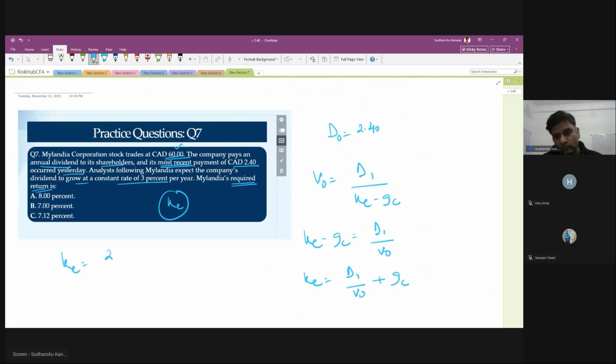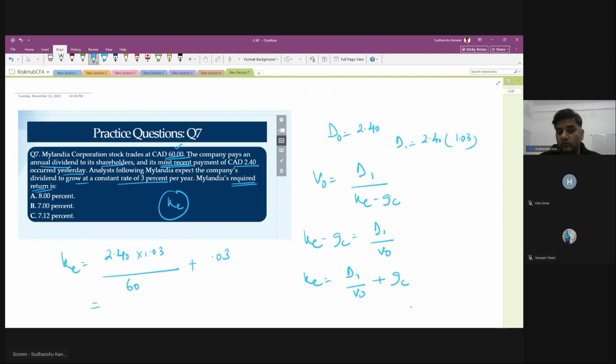D0 is 2.40, so D1 will be 2.40 into 1.03. V0 is the stock trading at 60, that is why V0 is given, and gc is 0.03.